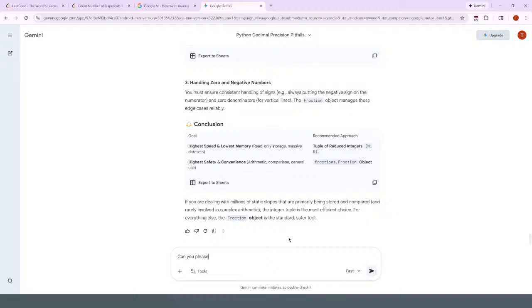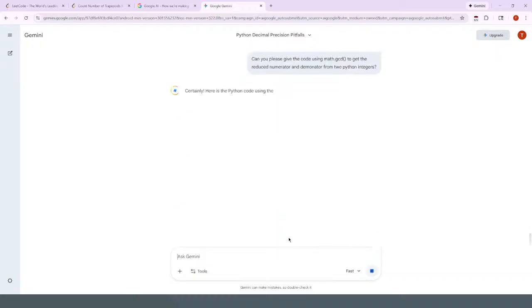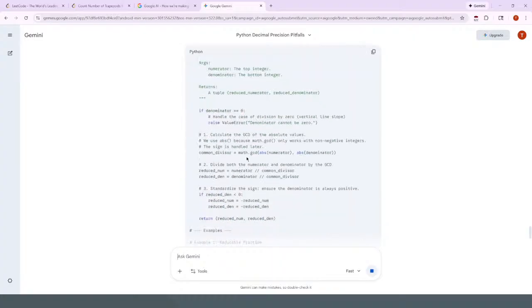Can you please give me code using math.gcd to get the lowest reduced numerator and denominator from two Python integers. Greatest common divisor, GCD, absolute numerator denominator, reduced numerator and denominator by that thing.